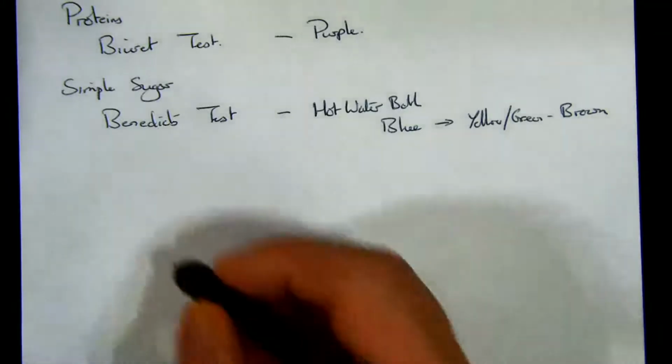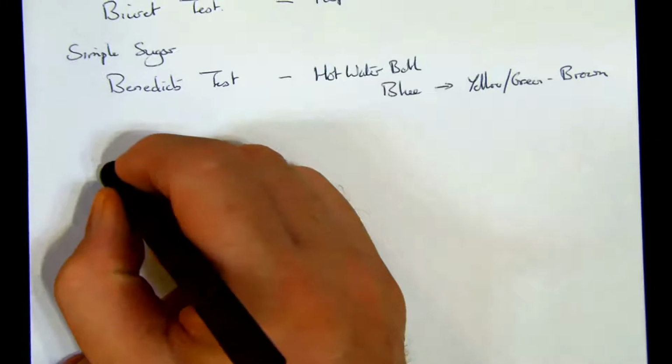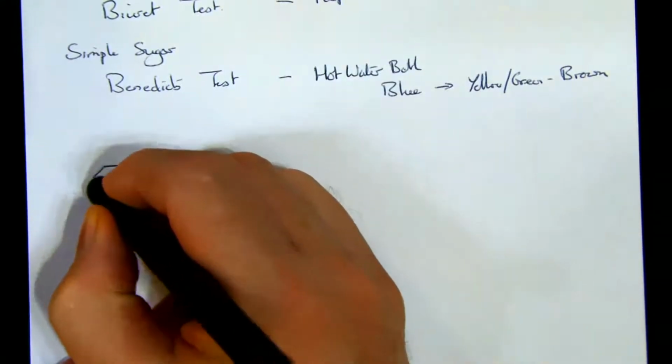Let's have a look and see what makes up a carbohydrate. A carbohydrate consists of lots of sugars joined together.